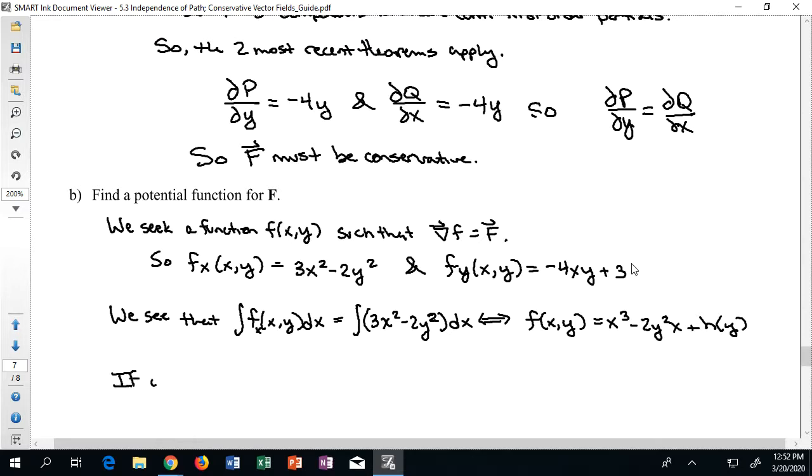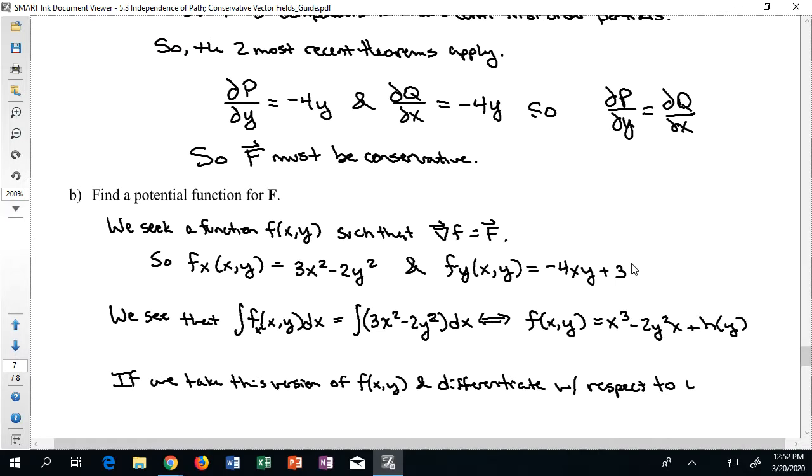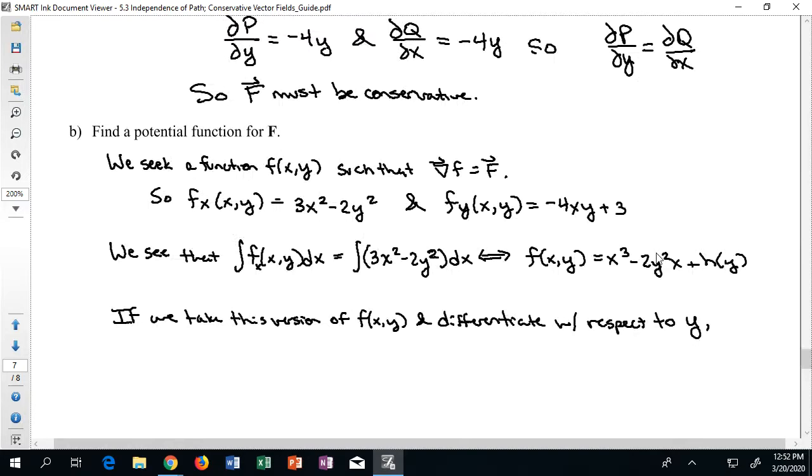So I'll say if we take this version of f of xy and differentiate with respect to y, we get, well, let's see, if I took the derivative with respect to y, obviously the x cubed just completely disappears.